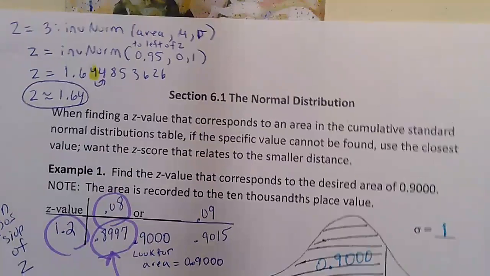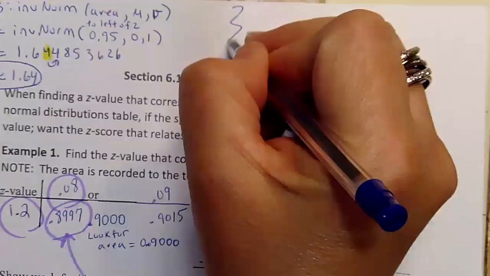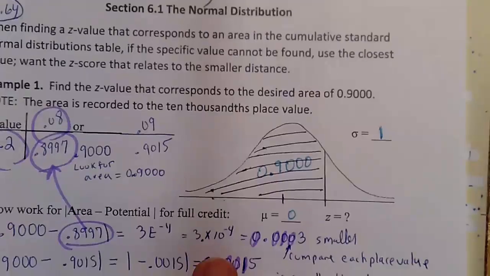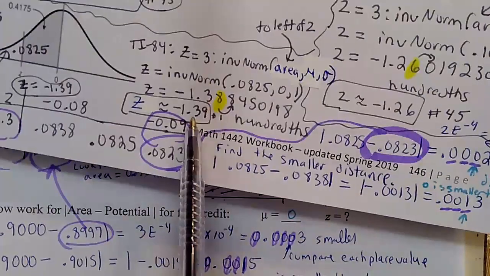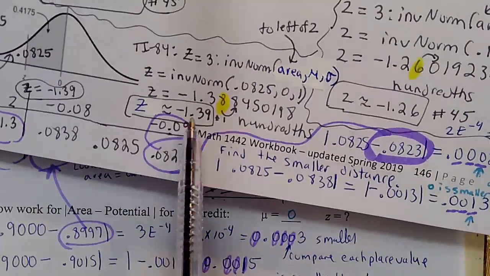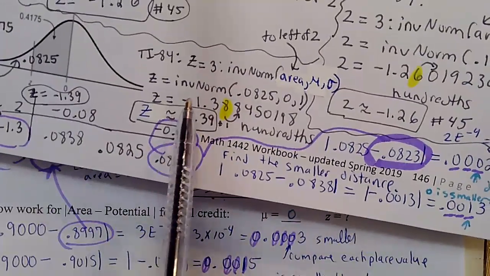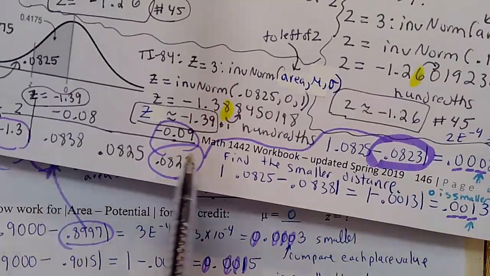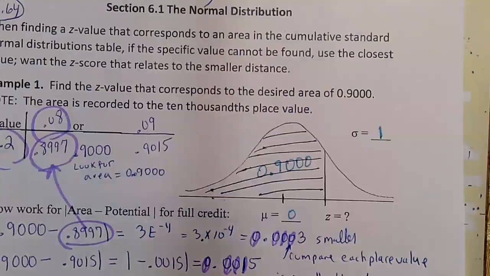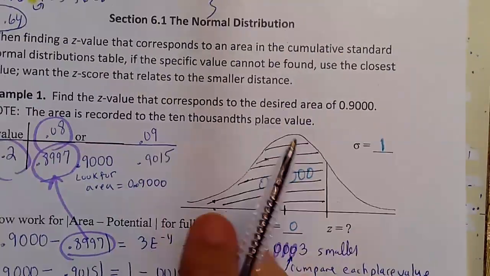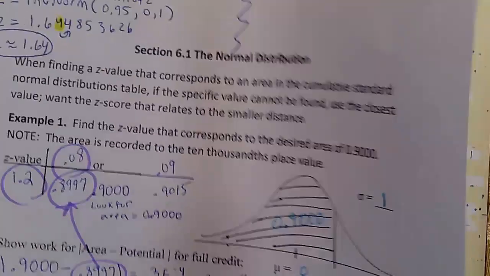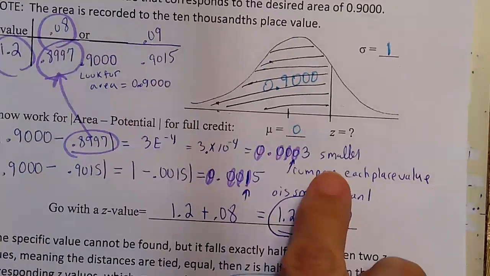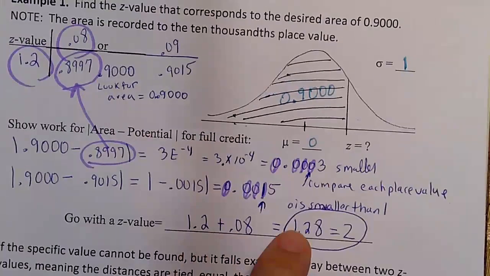Now, sometimes you don't get any discrepancy. Like when we did this one, we both got negative 1.39 on the calculator and even on the table with the smaller distance. So like this one, if I go back and do this one, we did it with the table, we found the smaller distance, so we went with 1.28.